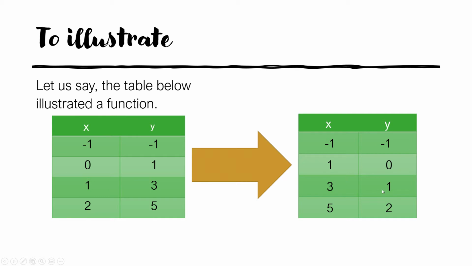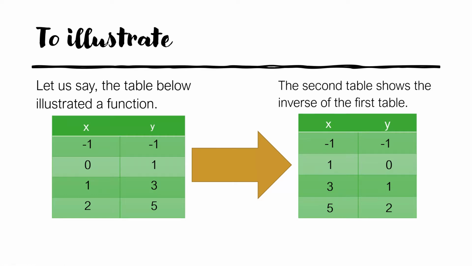So in other words, the second table is making the domain go back to the range of the first table. So we could say that the second table shows the inverse of the first table.